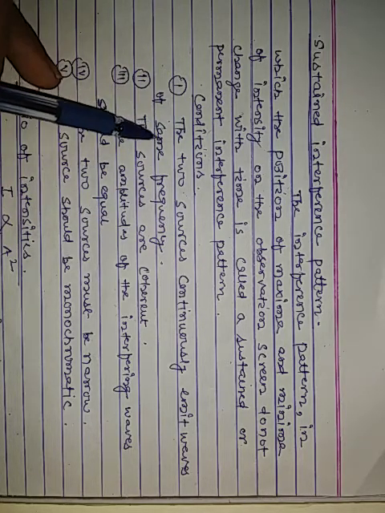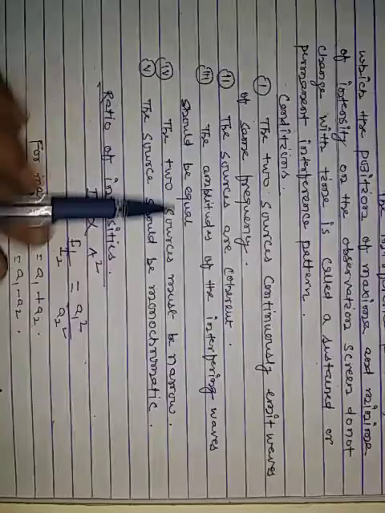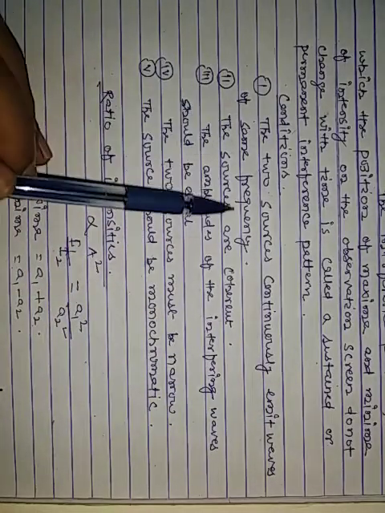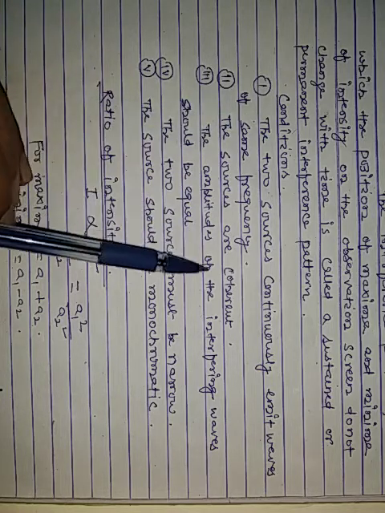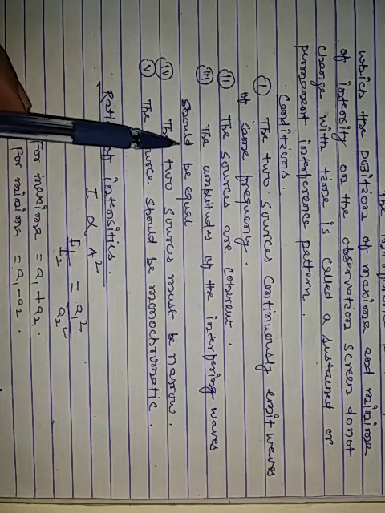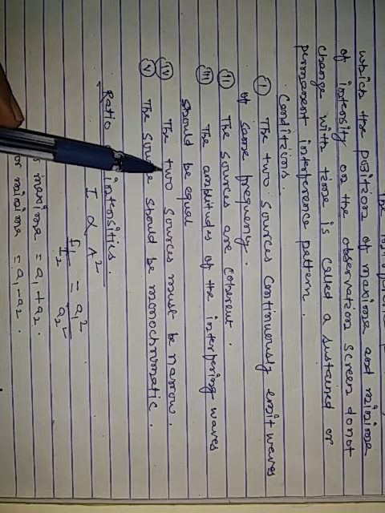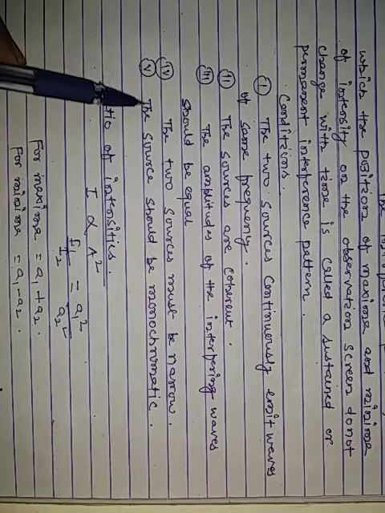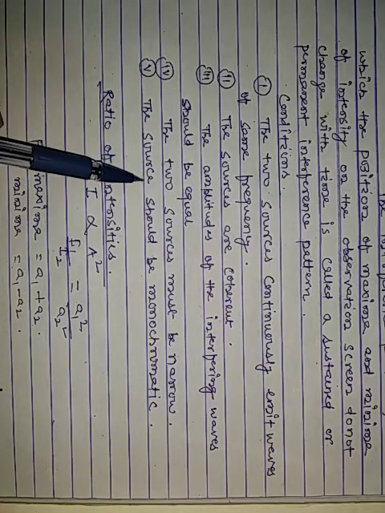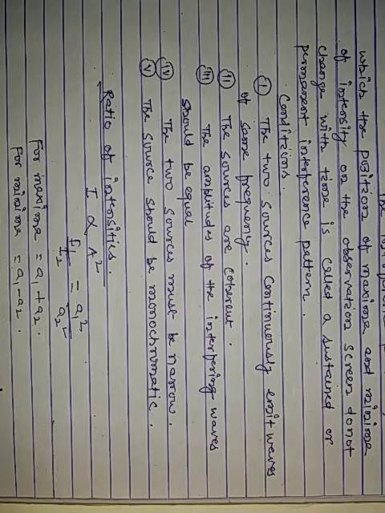For the first condition, the two sources continuously emit waves of the same frequency. The second condition, the sources are coherent. The third condition, the amplitudes of the interfering waves should be equal. The fourth condition, the two sources must be narrow, and the fifth condition, the sources should be monochromatic.